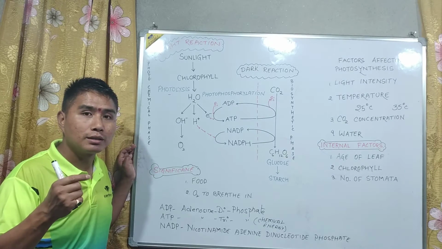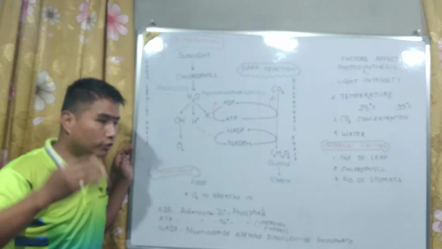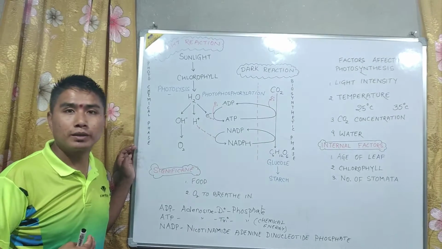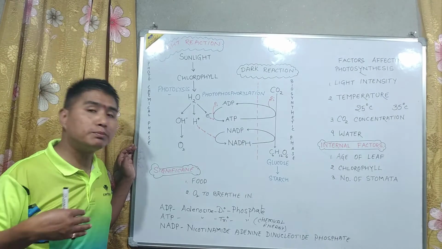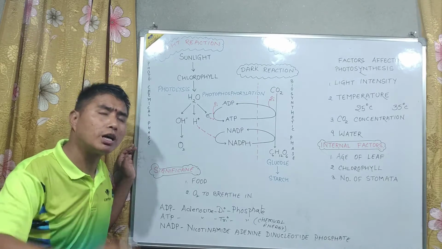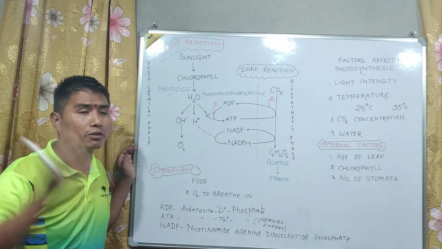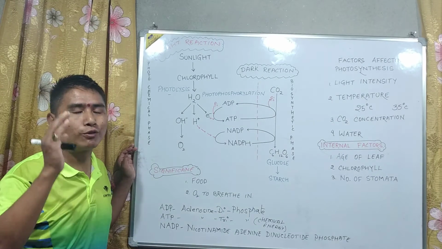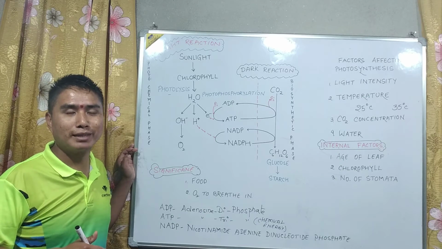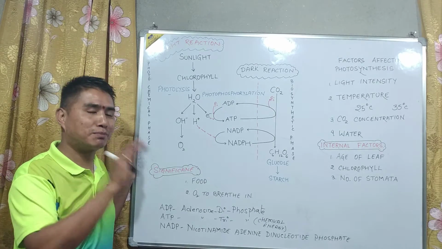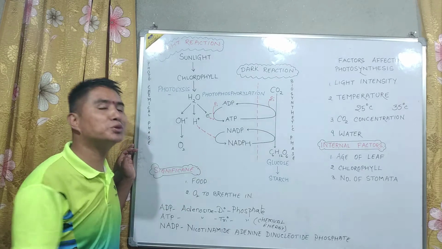And just imagine, for how many years, hours, minutes and seconds we've been taking oxygen from nature for free. Yes or no? So that is why we need to respect nature and we need to plant more trees.